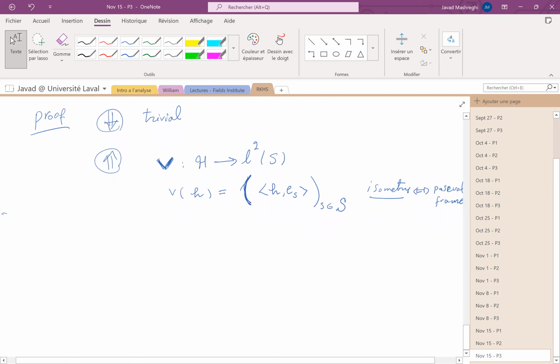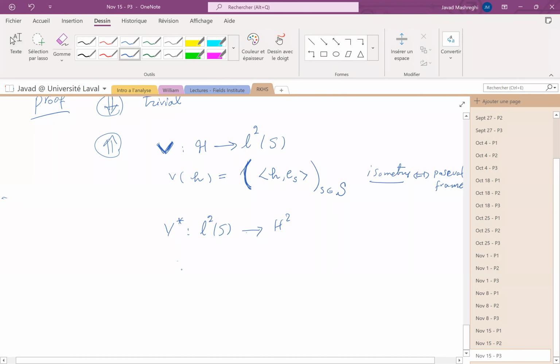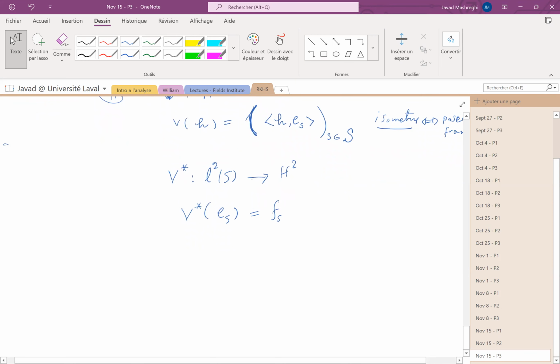We saw also, or it's very easy to compute, the V star. V star is from L2 of S to H. And it maps E_s to F_s. That's, I mean, very easy to see. And indeed, I already did it.